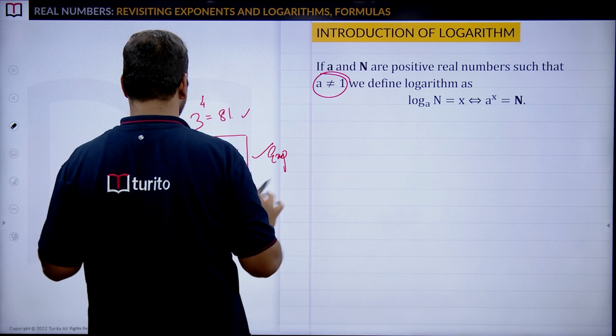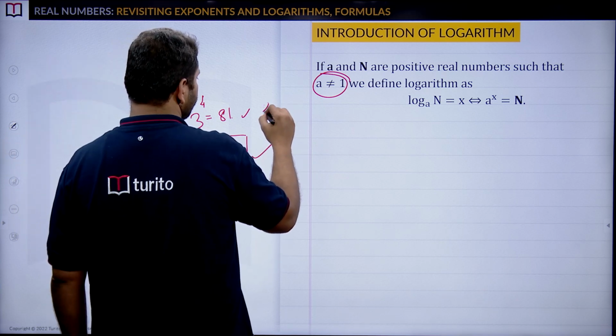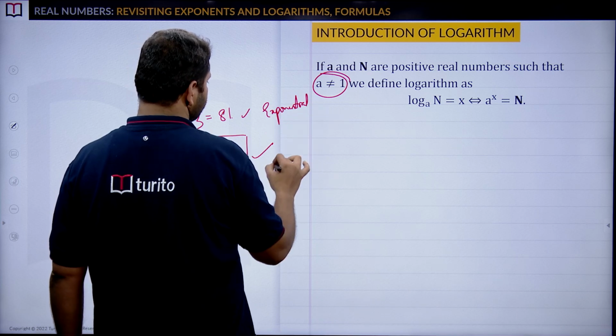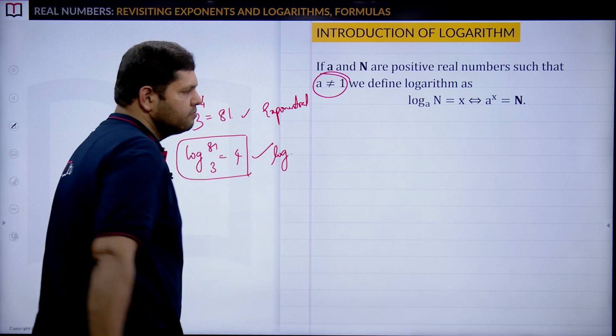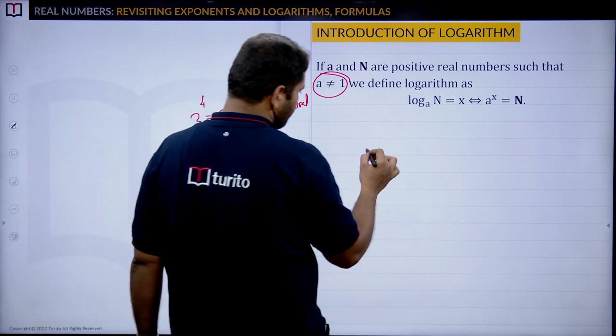So this is exponential form, and this is logarithm form. Clear, children?